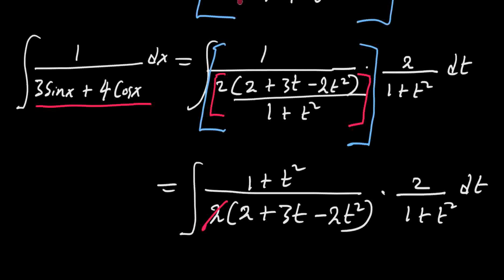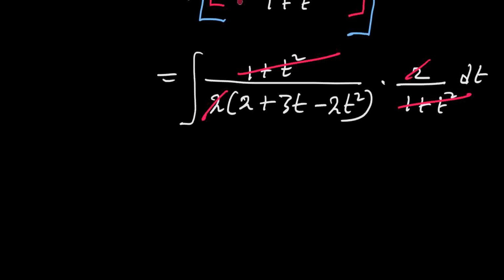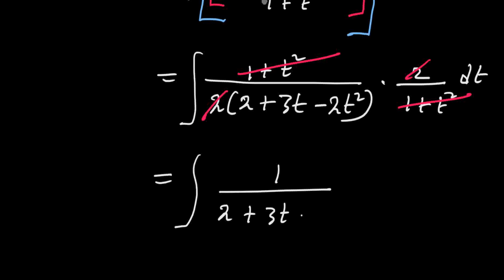These two can simply cancel, and 1 plus t squared can also cancel 1 plus t squared from here, and this will be equal to the integral of 1 over 2 plus 3t minus 2t squared dt.